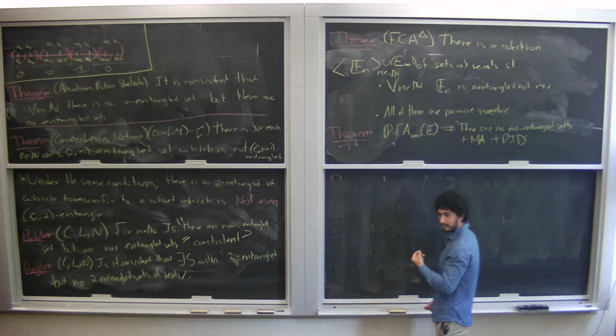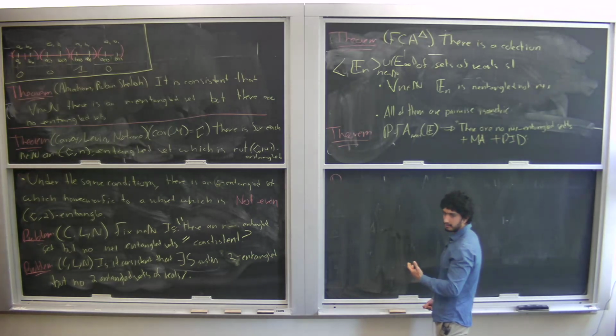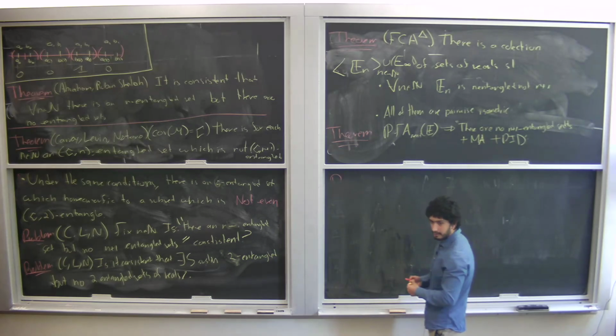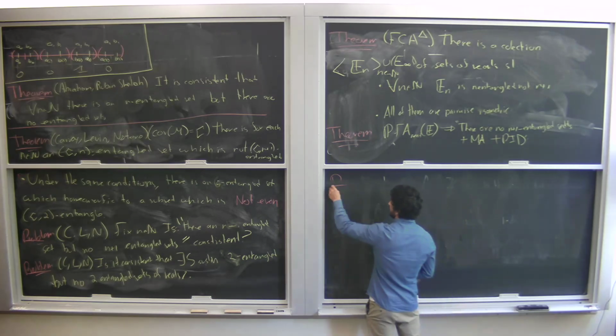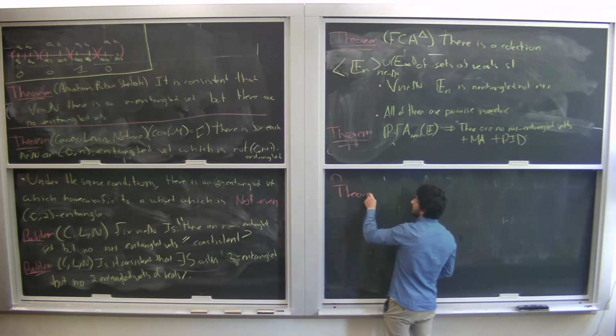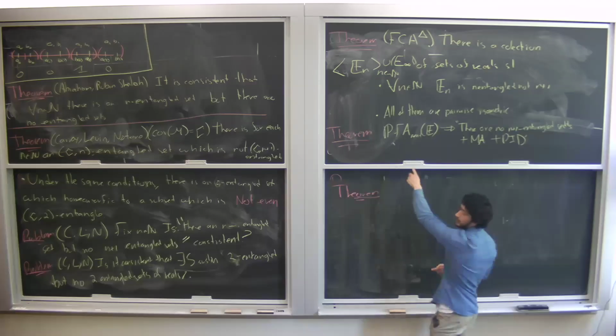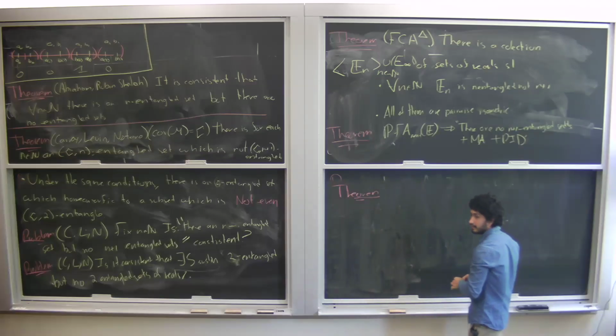with countable support iteration of proper forcings. This problem disappears almost completely when you use Neumann iterations. So for Neumann iterations, the theorem is basically the following, and from this theorem, you can deduce that PFA.